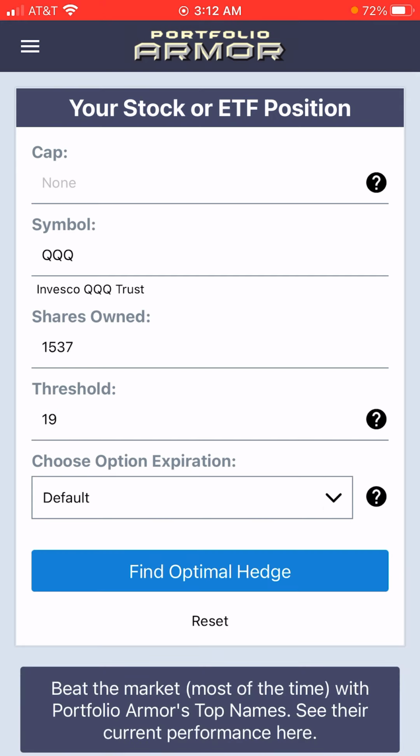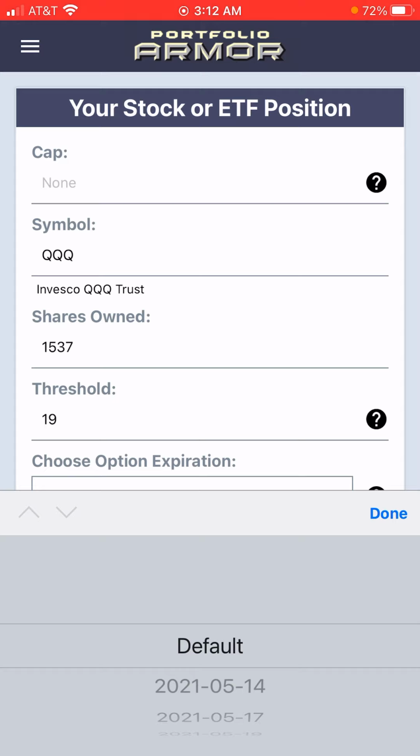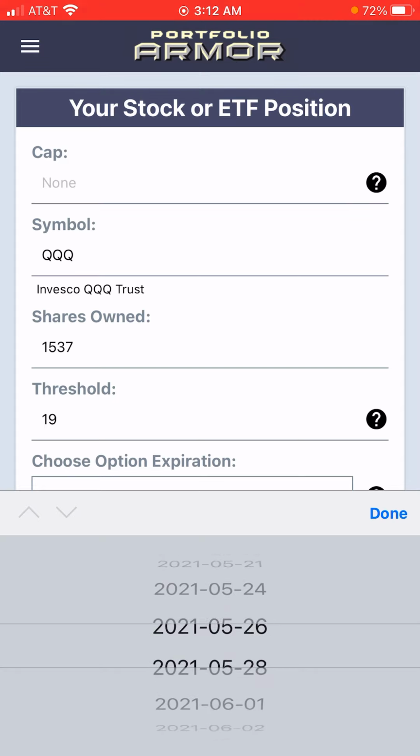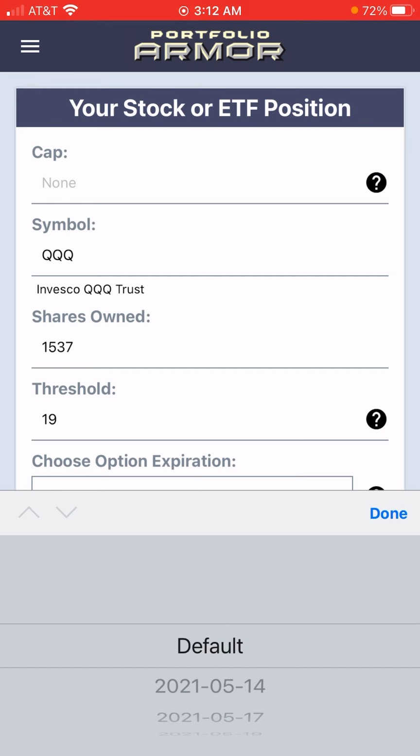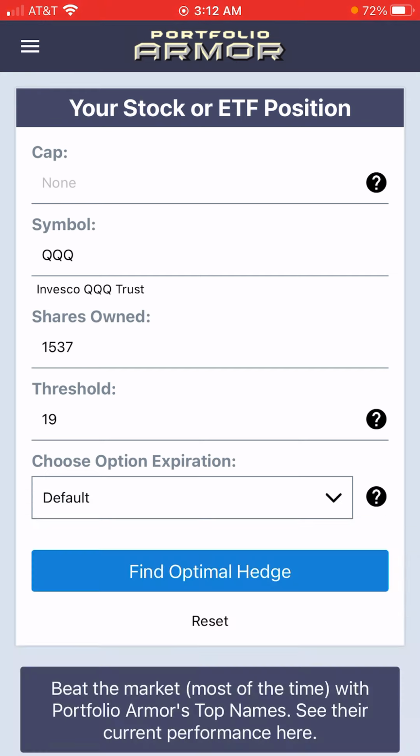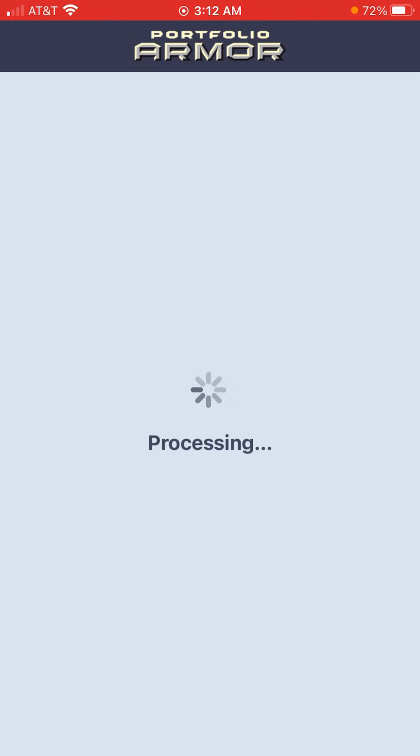And then the next thing we do is pick the time to expiration of the options we're using to hedge. So for simplicity's sake, let's leave it at our default time to expiration, which is the one that goes closest to 6 months out. We tap Find Optimal Hedge.